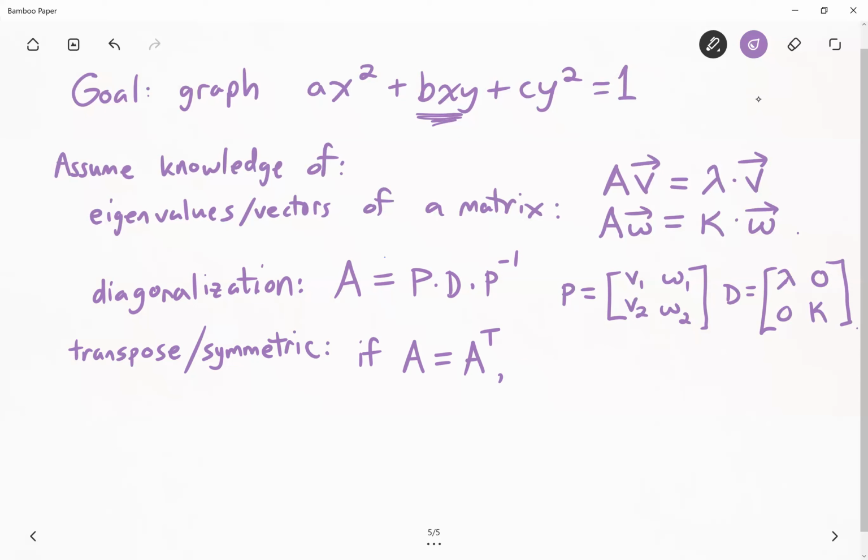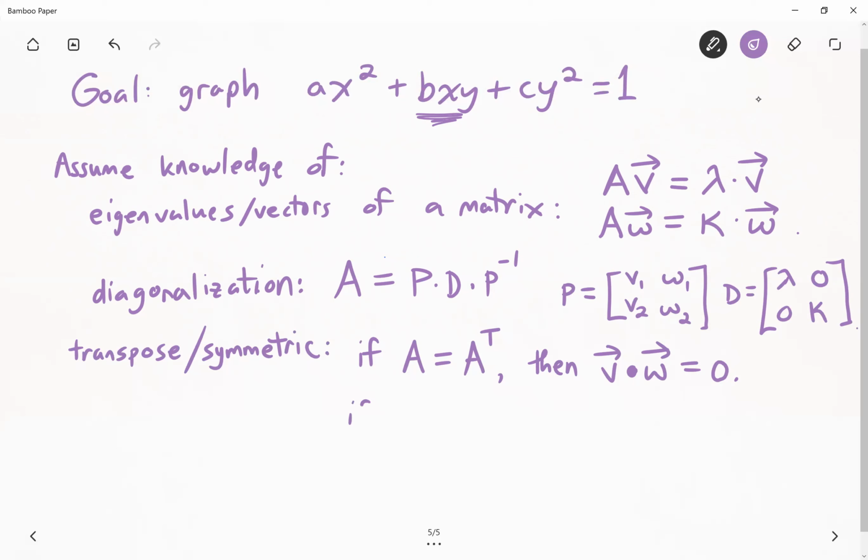And in that case, again, in the 2 by 2 case, it turns out that the eigenvectors are perpendicular to each other. In other words, the dot product of the eigenvectors is 0. And furthermore, when you choose eigenvectors, any multiple of an eigenvector is still an eigenvector. Right?